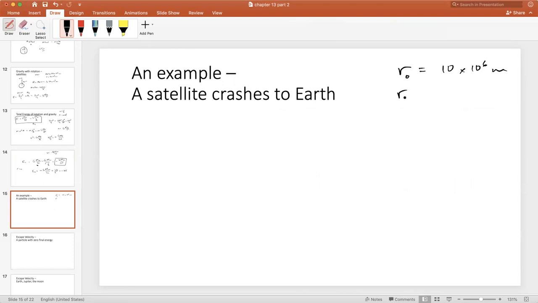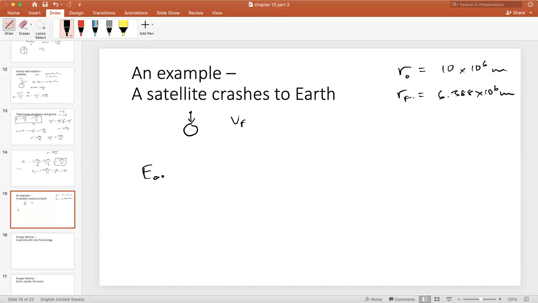Our final is going to be R of the Earth, which is 6.388 times 10 to the 6 meters. So initially it's up here somewhere, and we're going to let it come crashing in. So we want to know what is V final when it hits the ground.